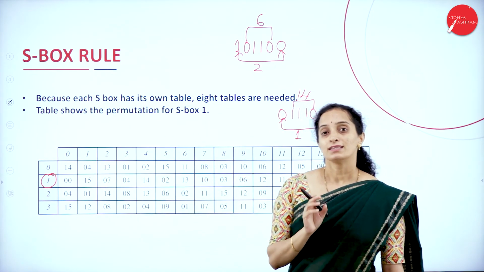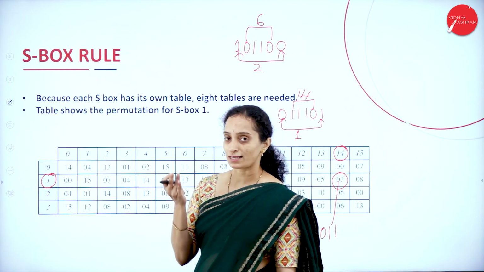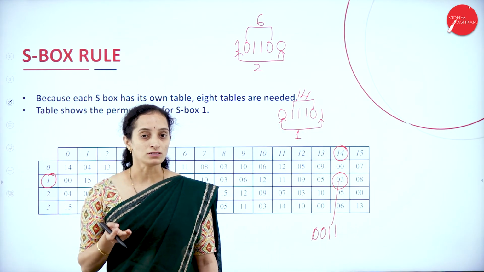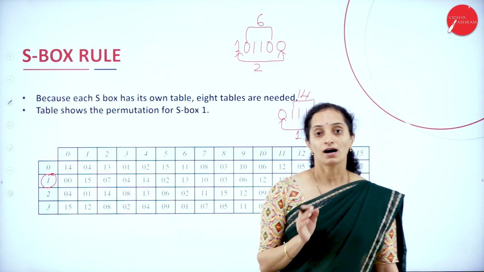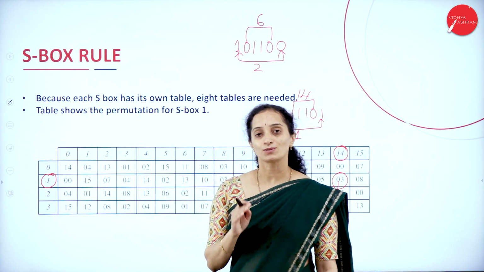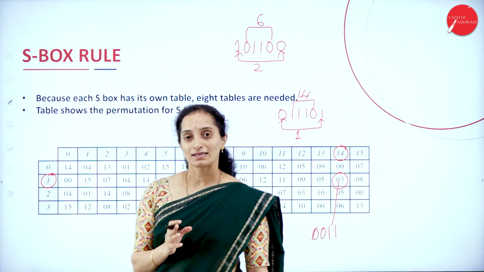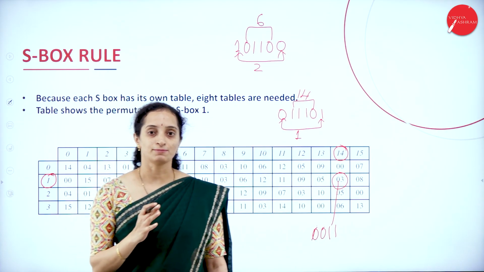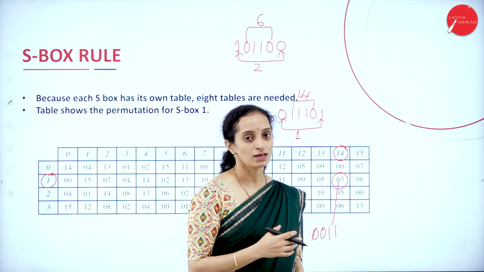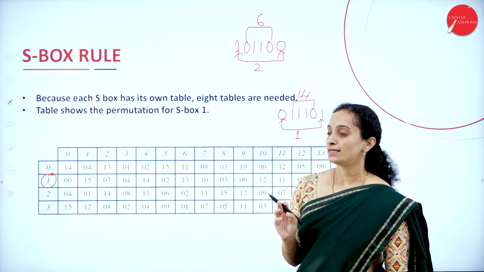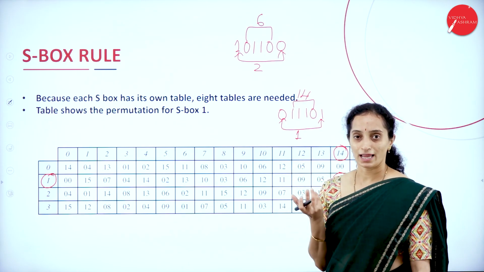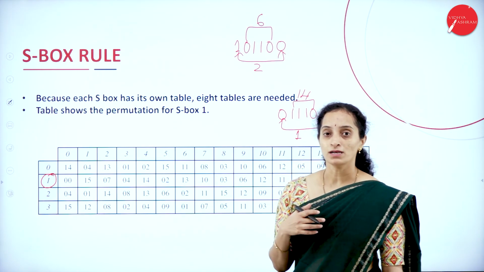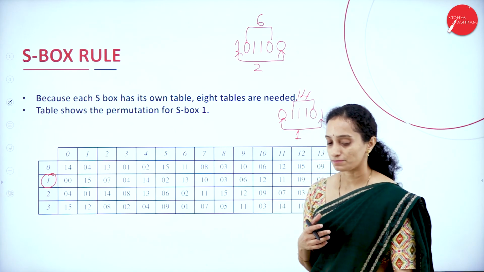It uses the permutation boxes, either the compression box or the expansion box. Along with that, sometimes it uses the straight P boxes also. This is how you can get the 4-bit output from a 6-bit input.